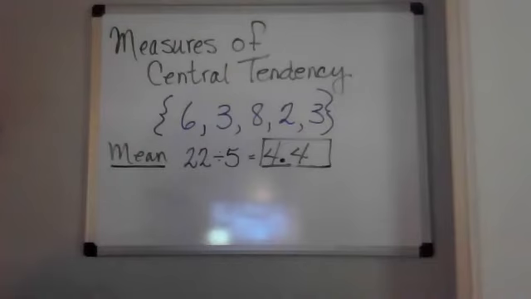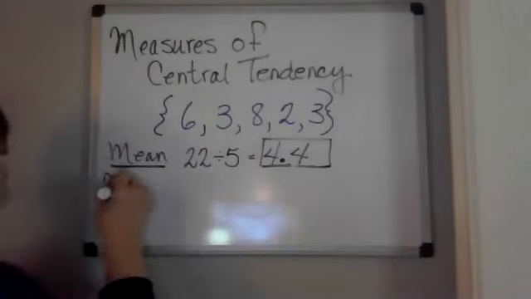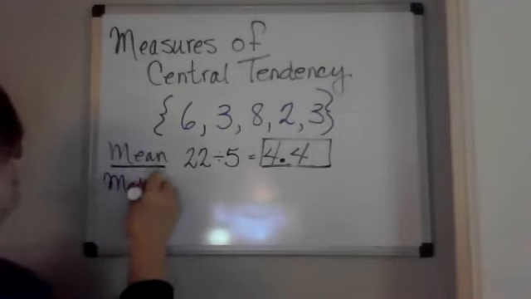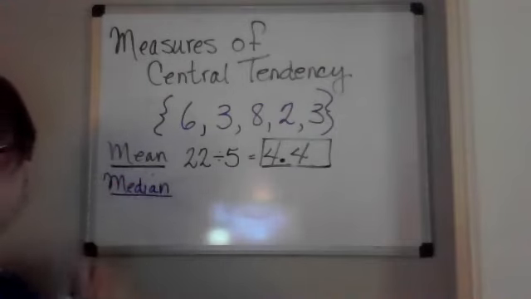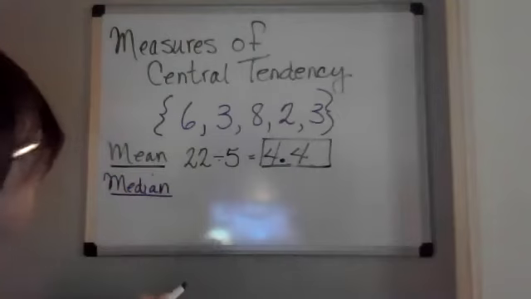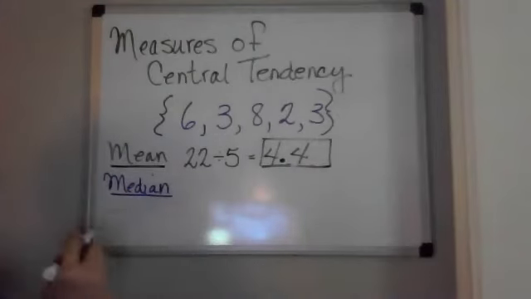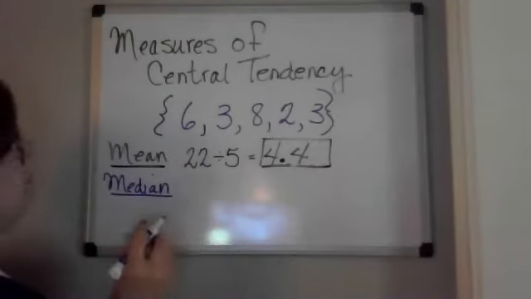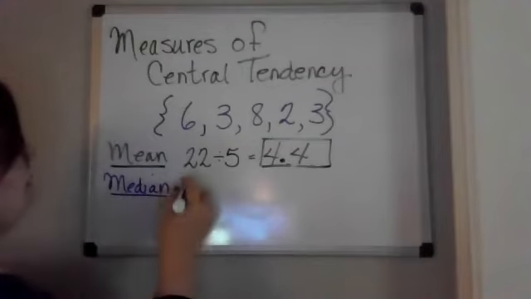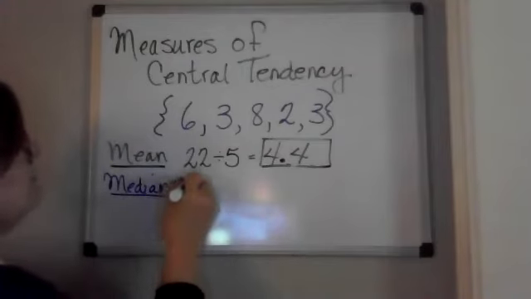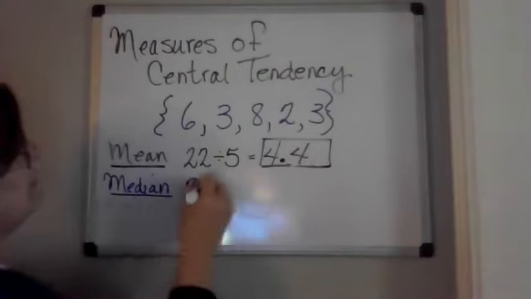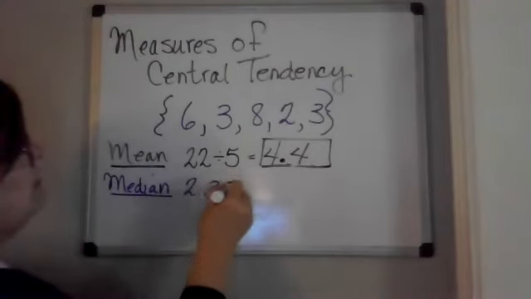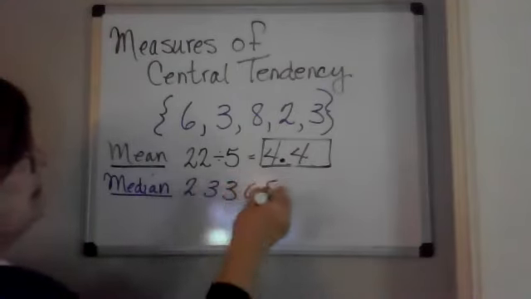Okay, now we're going to find the median, which means the middle number. Now, what is very important to do first? Come on. Put them in order. That is correct. Thank you. I think that was Josh, maybe Simon. 2, 3, 3, 6, and 8.